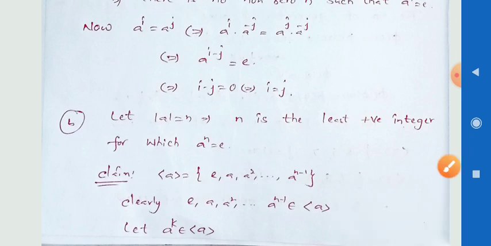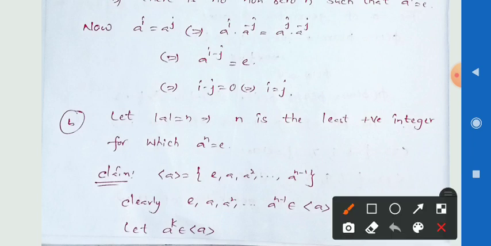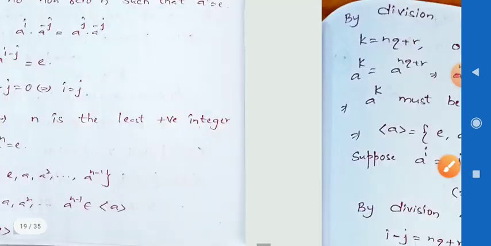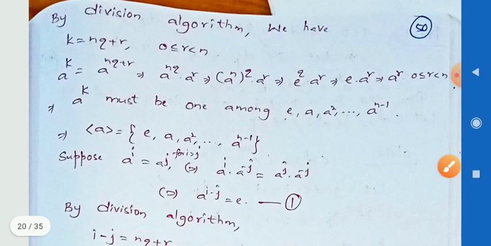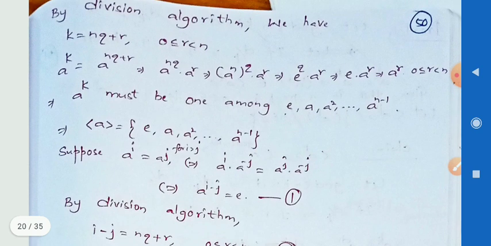Now let a^k belong to <a>. I am taking one of the elements in the group <a>. By the division algorithm, we can take k equal to nq plus r, where r is between 0 and n, that is 0 less than or equal to r less than n.